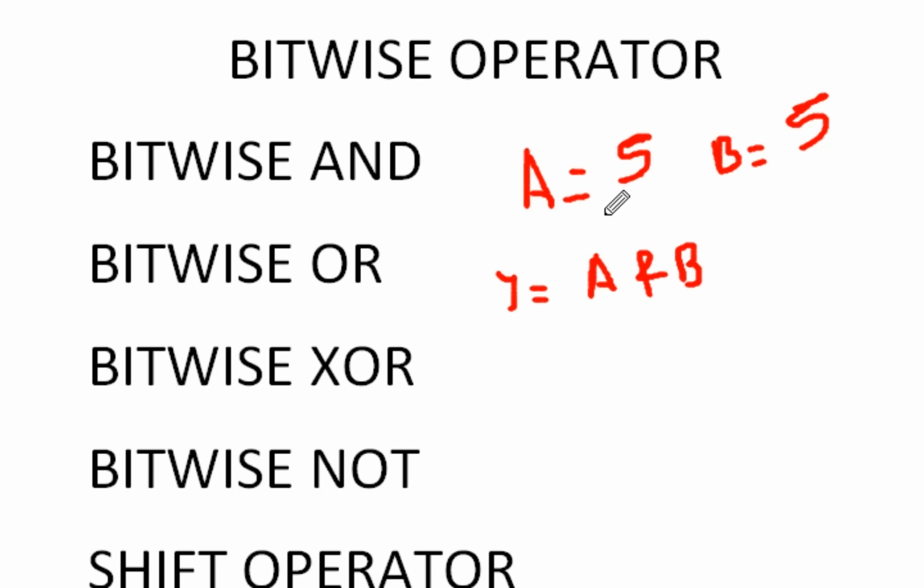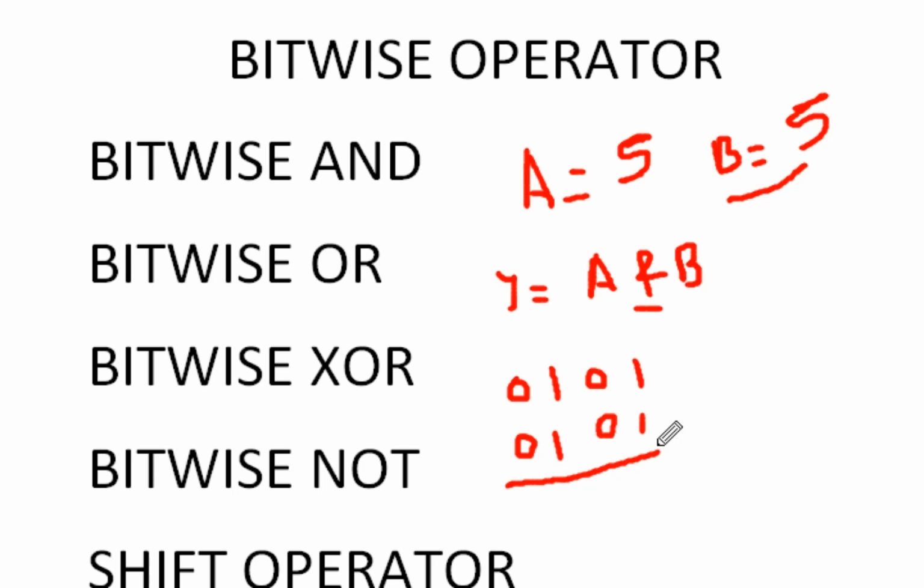This is a bitwise operator, so first of all we will convert 5 into bits. The value of 5 in bits is 0 1 0 1. Also convert B into bits, so the value of 5 once again in bits is 0 1 0 1.